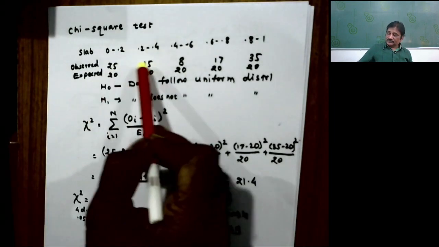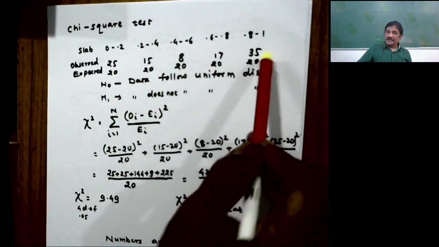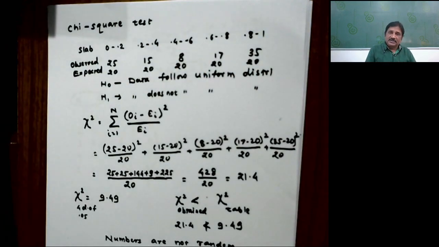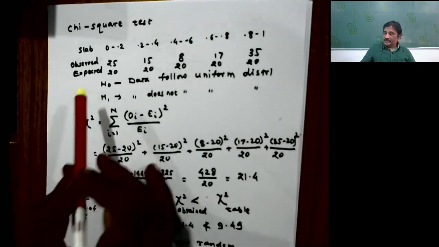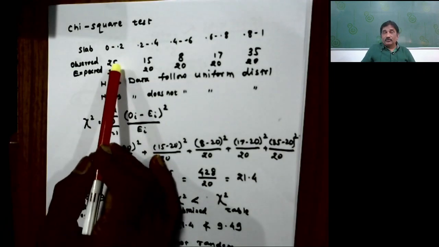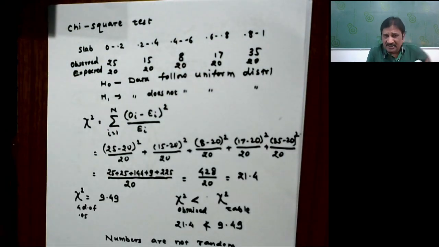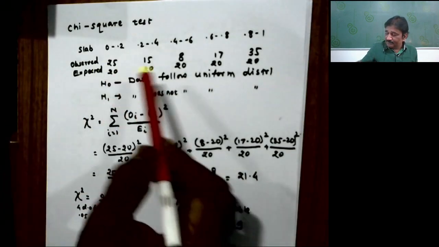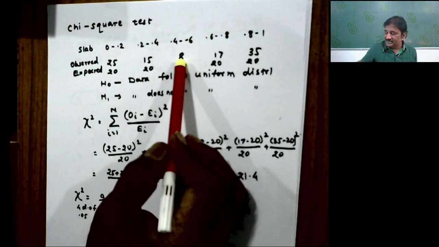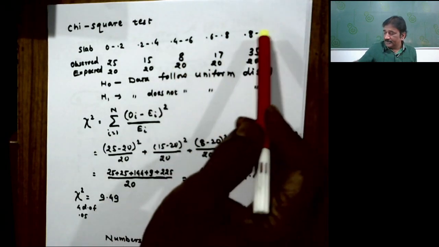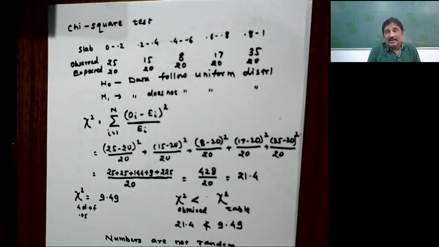If all the observed counts would have been 20, 20, 20, 20, 20, or with very little plus minus, then I would have claimed that the data is uniform just by visually seeing it. But now the spread here is such that between 0.4 to 0.6 there are only 8 values, and between 0.8 to 1 there are 35. Then it becomes a doubtful situation whether the data is random or not random.